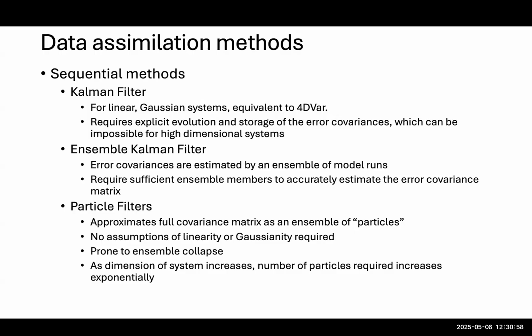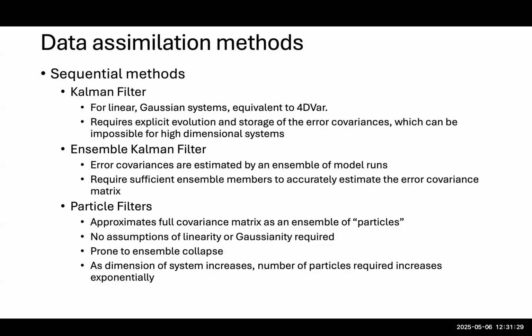After that, there are the ensemble Kalman filters and smoothers, where the error covariances are instead estimated by an ensemble of model runs. So we get rid of having to explicitly evolve the full error covariance matrices, and we can use ensemble Kalman filters for higher-dimensional systems.